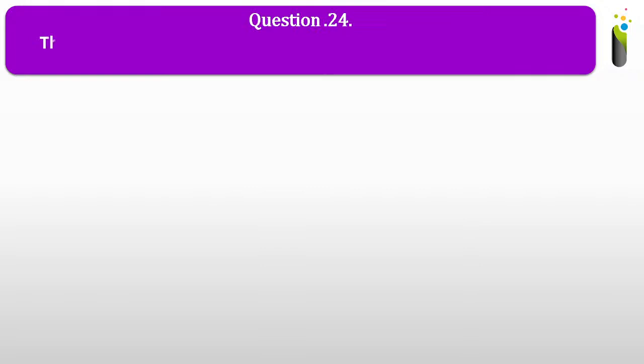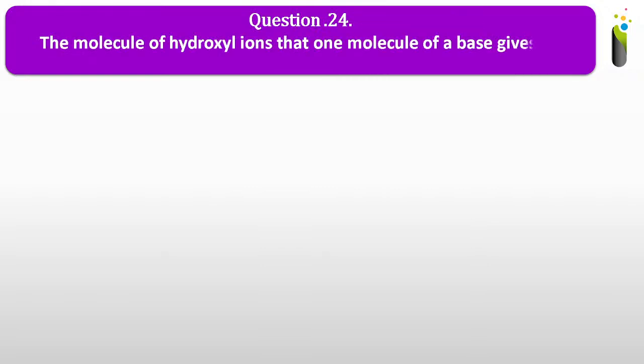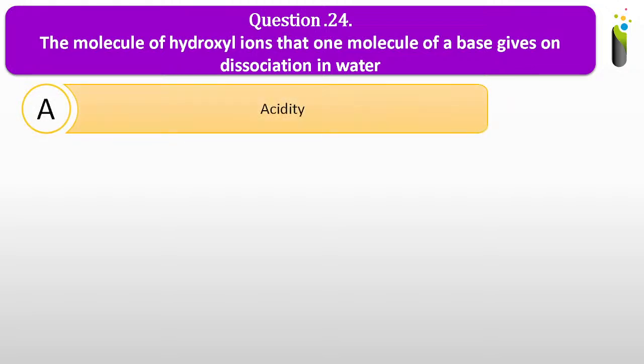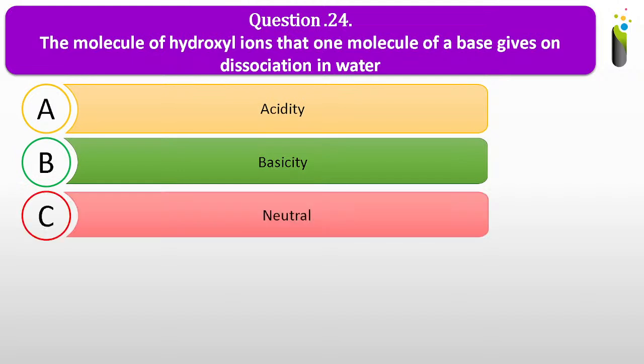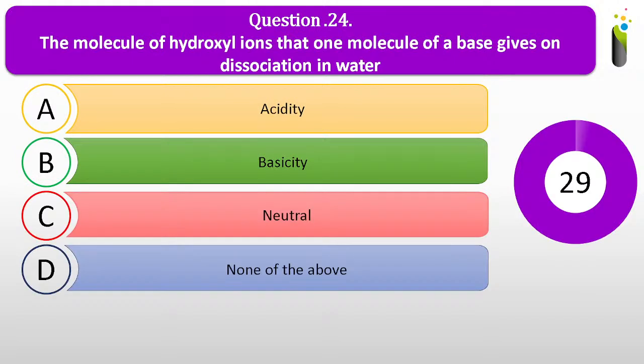Coming to the next question, number 24. The number of hydroxyl ions that one molecule of a base gives on dissociation in water is dash. A, Acidity, B, Basicity, C, Neutral, D, None of the above.